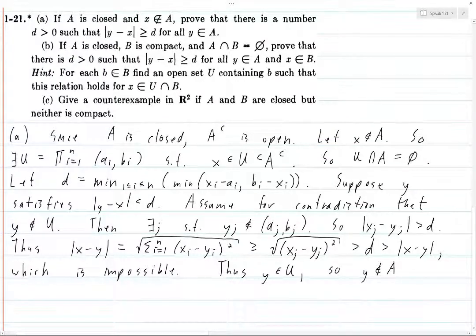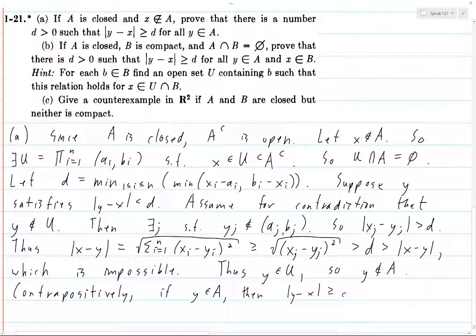Or rather, y is not in A. Contrapositively, we've proven that if the norm of y minus x is strictly less than d, then y is not in A. The contrapositive is that if y is in A, then the norm of y minus x must be greater than or equal to d. And that's what we wanted, as desired.